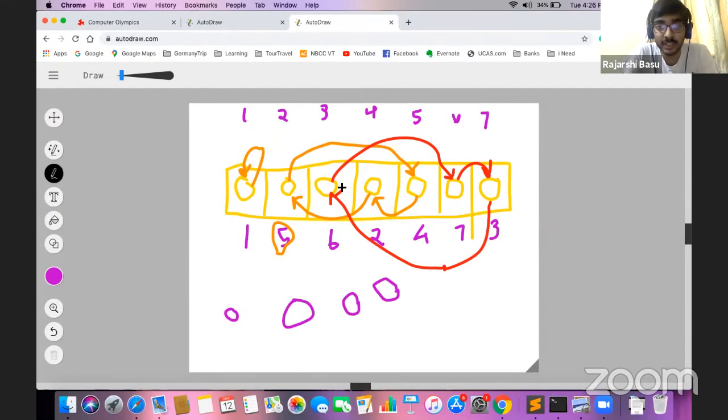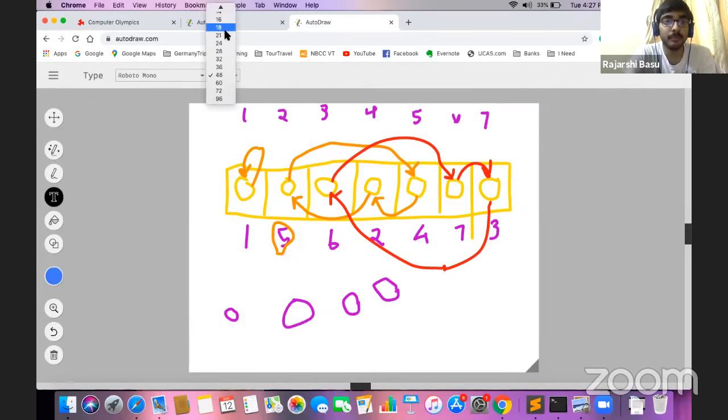Whatever was in position 3, which was 6, needs to go to position 6, right? Whatever was in 6, which was 7, needs to go to position 7. Whatever was in 7 needs to go to 3. So the cycles here would be, well, 1 is a cycle. Then 2, 5, 4 is a cycle, right?